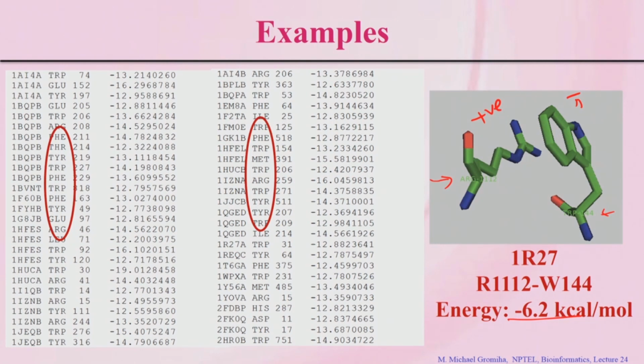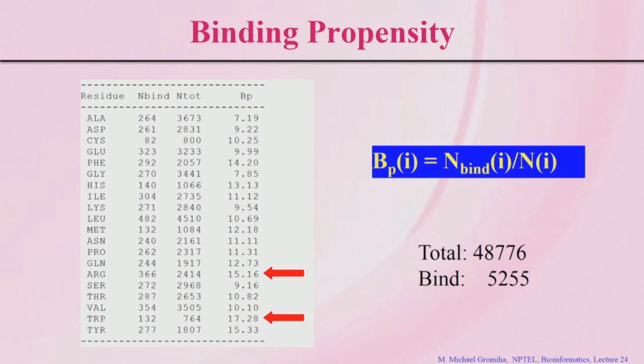Then the question is, there are some specific interactions, so is there any preference of amino acid residues to form this type of interactions? In this case I show the propensity of different residues to be involved at the binding interface. We calculated the binding propensity of residue I using the number of residues of type I in the binding site, normalized with the number of residues in the whole protein.